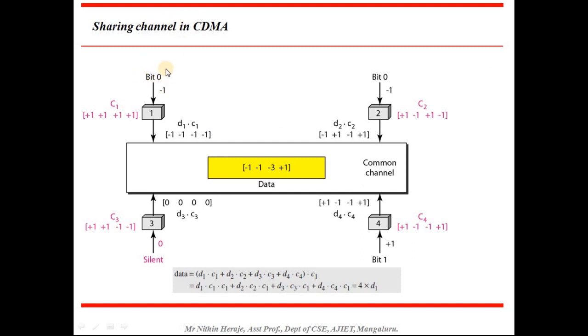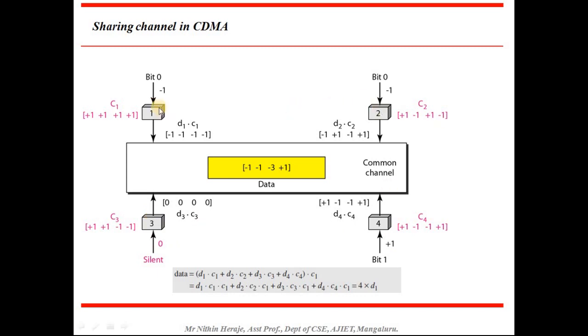Here it is bit 0, right? Bit 0 means -1 is the data to be sent. If it is bit 1, it is +1 data to be sent. And if it is silent, then 0 is being sent.